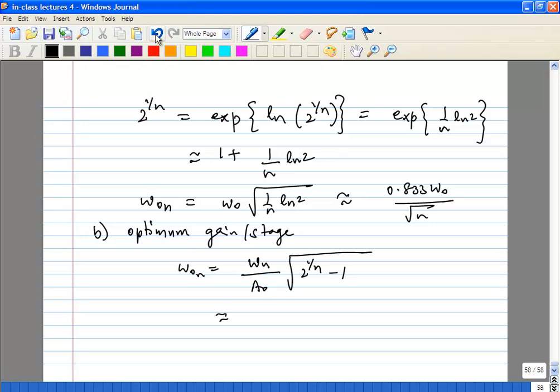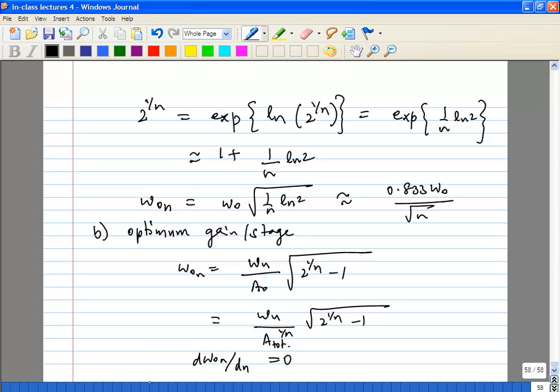So we're going to write it as omega n, where A naught is nothing but, let's say the total gain is A tot, whole power 1 by n, because A naught is not an independent factor. So this is the function you want to maximize.